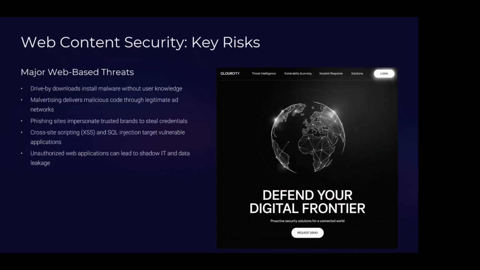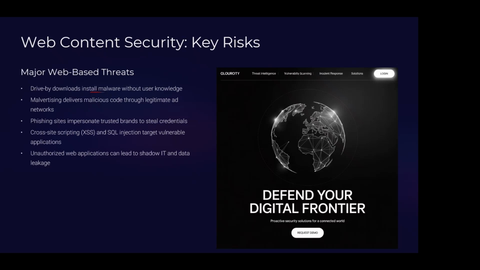Now, next is web security. Major web-based threats can be driven by downloading some malware or advertisements, phishing sites, cross-site scripting, unauthorized web applications. These are major threats through the web. Web access for businesses is a day-to-day requirement now, but maintaining appropriate web access for everyone while minimizing risk is a challenge.